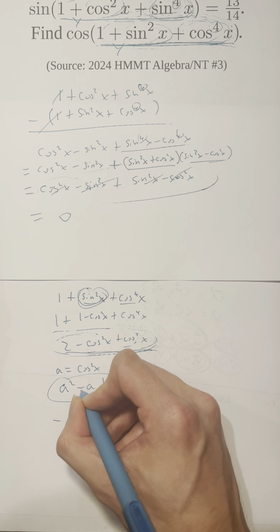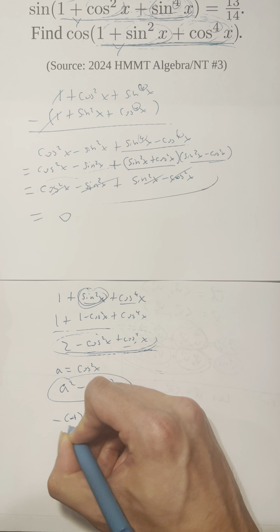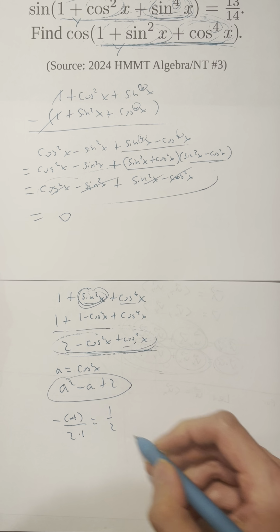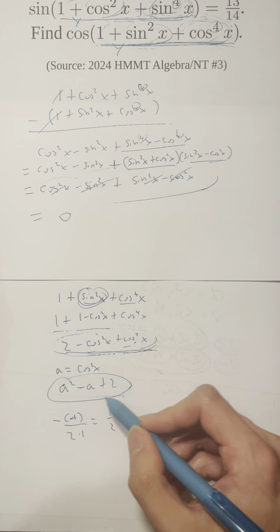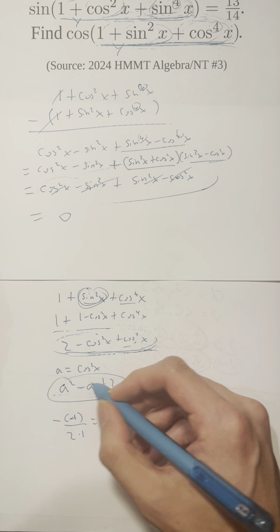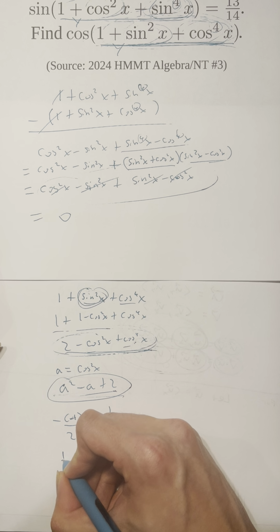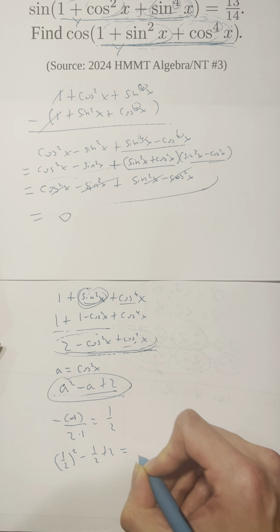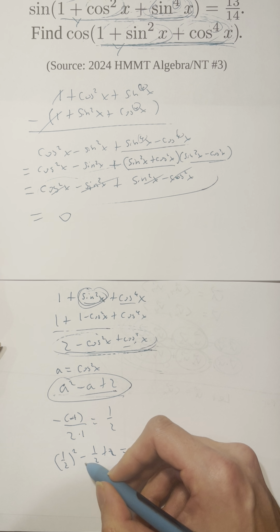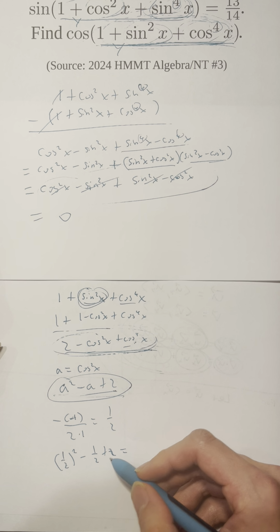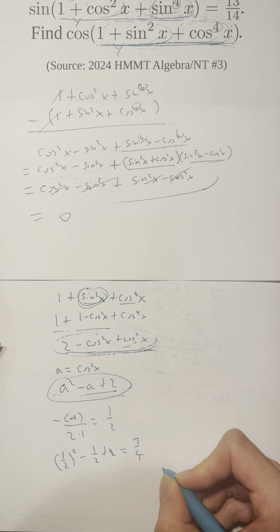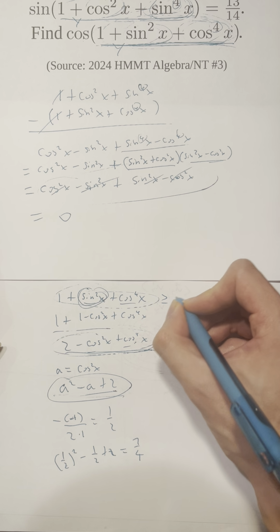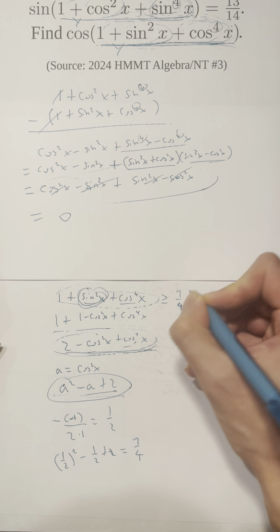So it's going to be negative negative 1 over 2 times 1, which is just 1/2. If I plug 1/2 into here, that's going to be the minimum value of this expression. So 1/2 squared minus 1/2 plus 2 is 1/4 minus 1/2, which is negative 1/4, plus 2, equal to 7/4. So the minimum value of this expression is going to be 7/4.